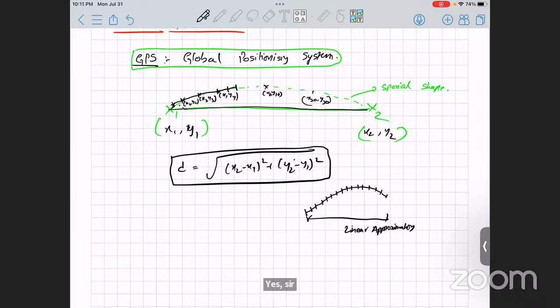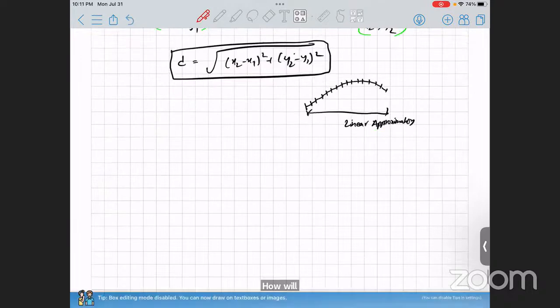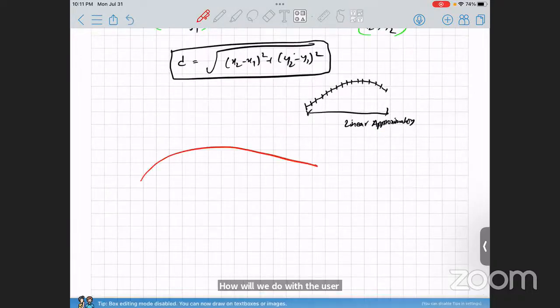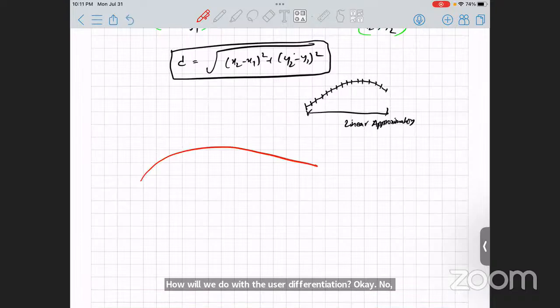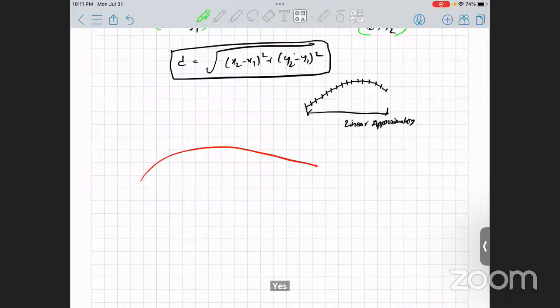Now I will give you a mathematical feel of how we will do it with the use of differentiation. Let this be a curve. Here is a point x1, y1, and here a point x2, y2.